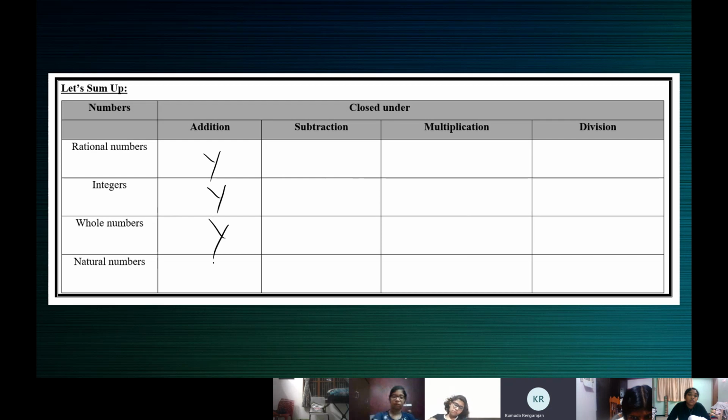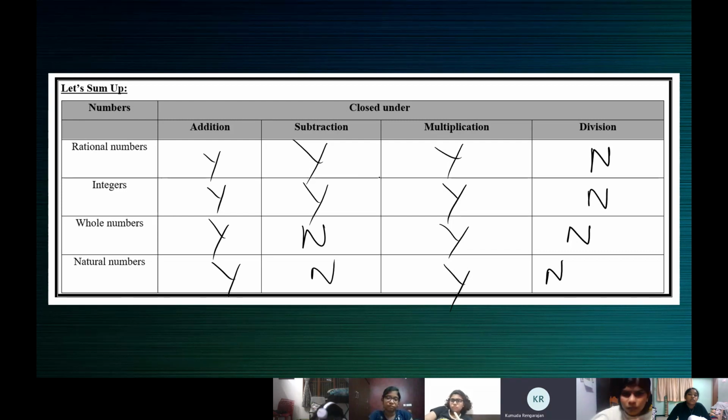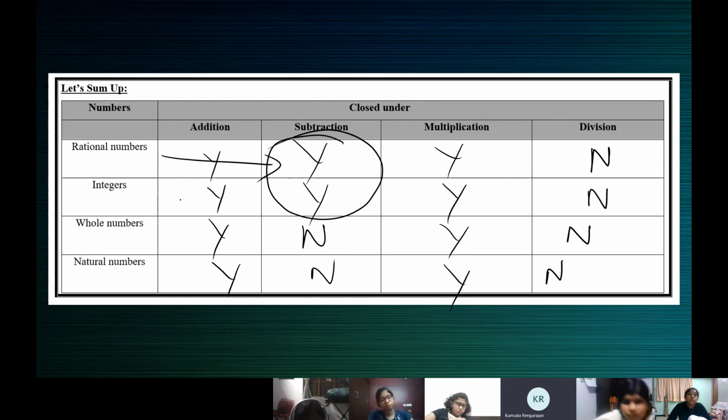Yes for addition and multiplication in all the 3 tables, no for division in all the 3 tables. Subtraction is also no everywhere, only in closure property it is yes, for rational numbers and integers.